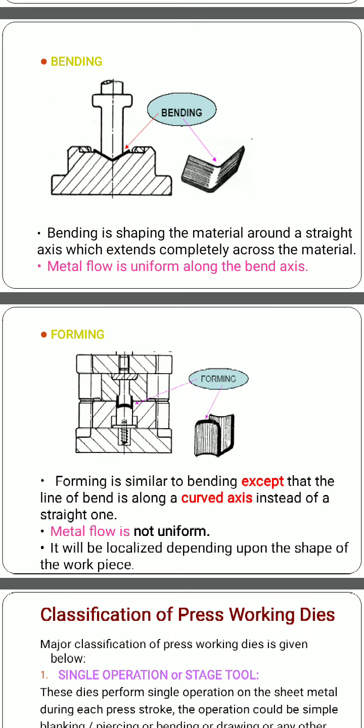Bending is shaping the material around a straight axis which extends completely across the material. Here the metal flows uniformly along the bend axis. We will have a bend axis along the line of bend.